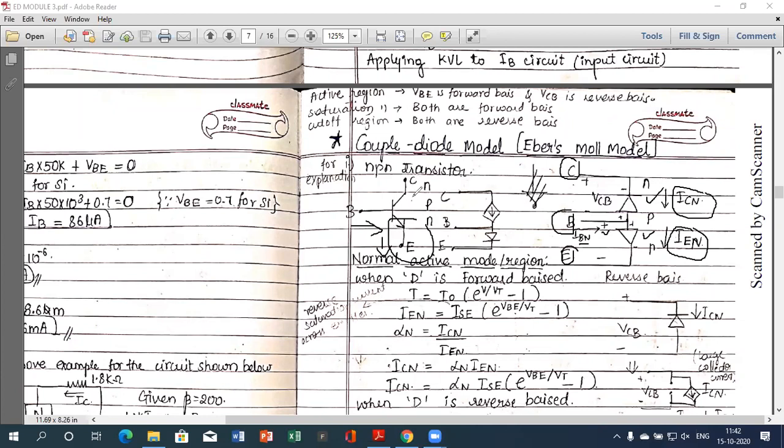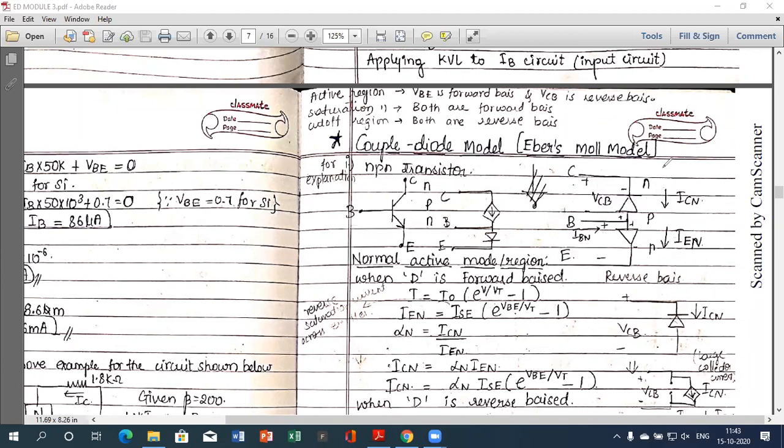When it comes to the collector, this is the direction of collector current, because somewhere we have connected the voltage source. So the current direction is always this way, and the collector current is shown like this even though the diode is reverse biased.